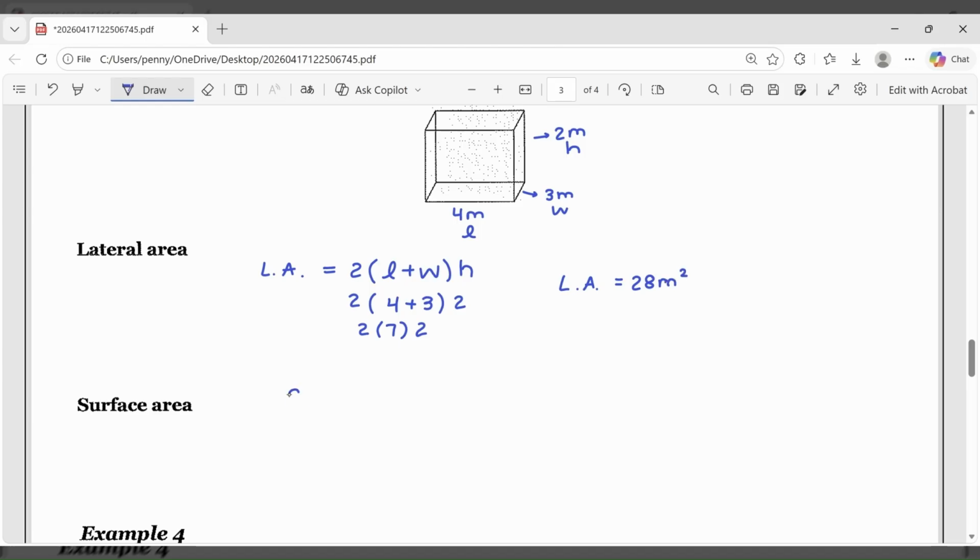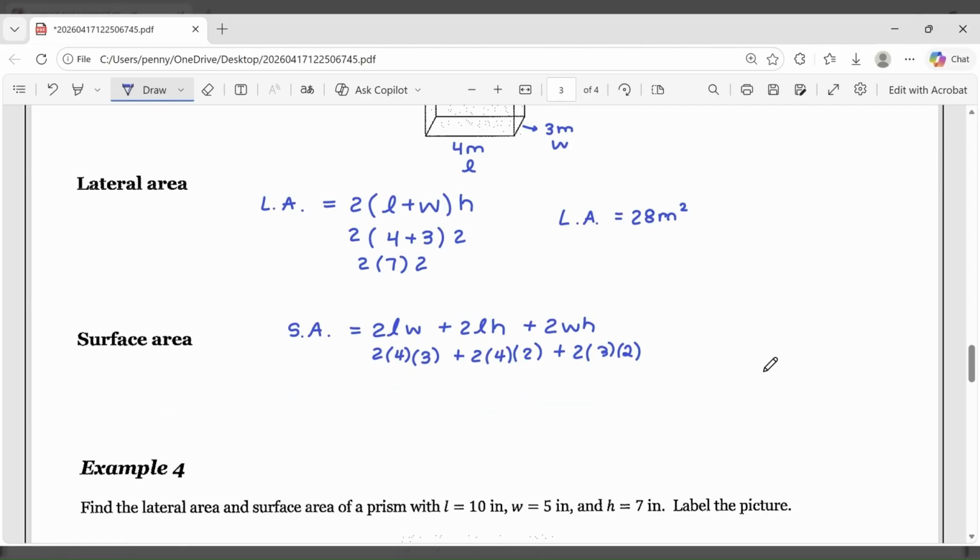Surface area is 2LW plus 2LH plus 2WH. So we have 2 times 4 times 3 plus 2 times 4 times 2 plus 2 times our width times our height of 2.